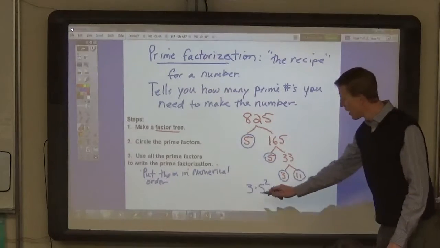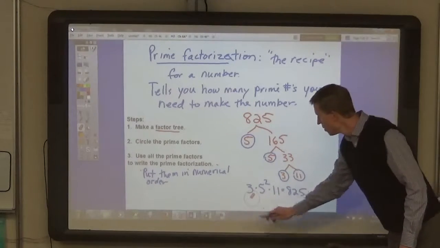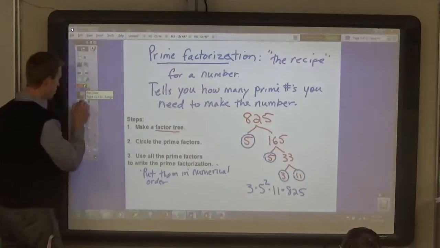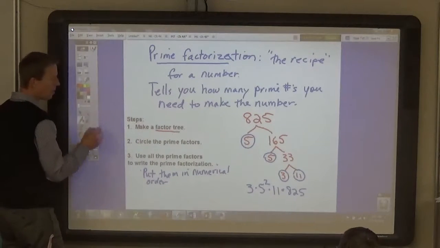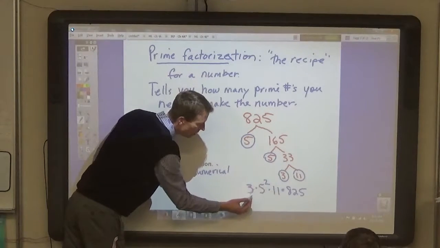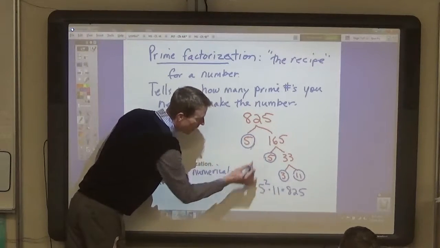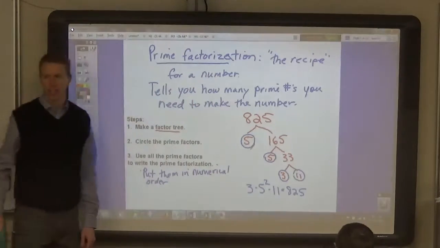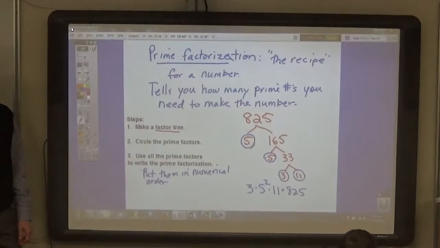Or, when you're writing a formula, you use the numbers in numerical order and write them out with exponents. So 3 times 5 squared, because there are 2 5s, times 11, which makes 825. Okay?